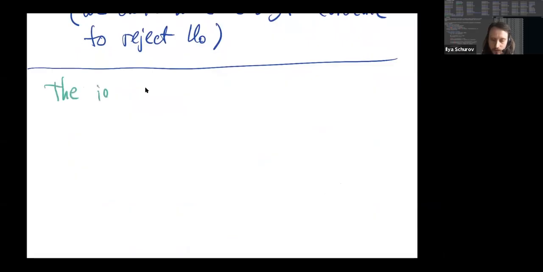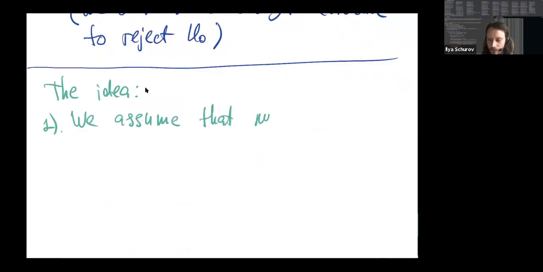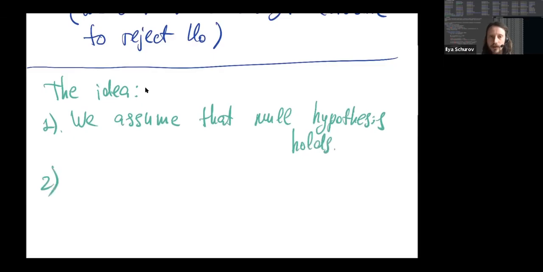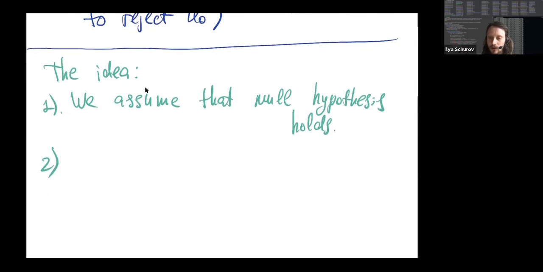First, we assume that the null hypothesis holds. Then, under this assumption, we assume that there is no difference between Moscow and St. Petersburg.